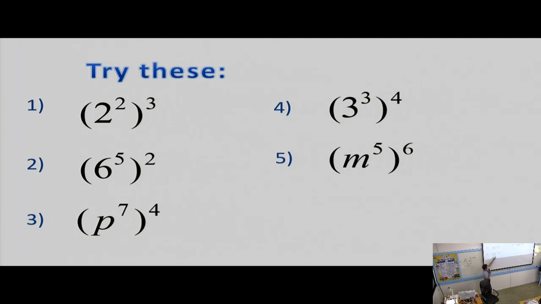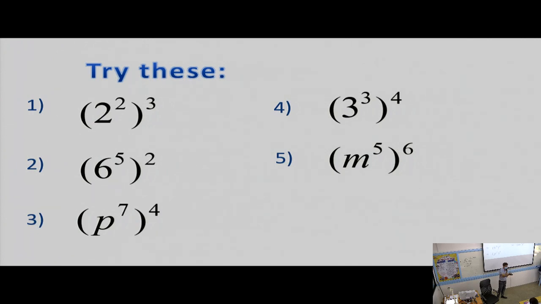And the last one, p to the power of 7 to the power of 4. You're going to multiply. What is 7 times 4? Who wants to help?